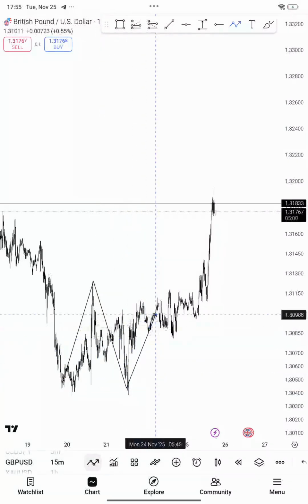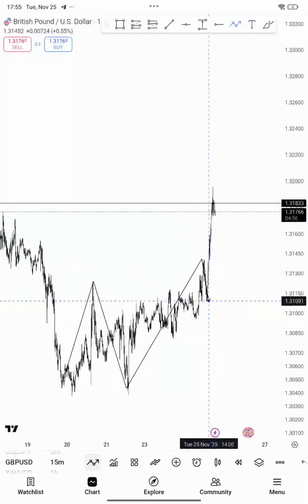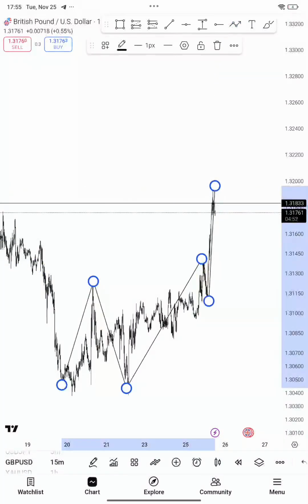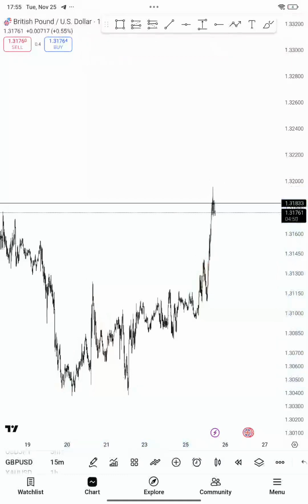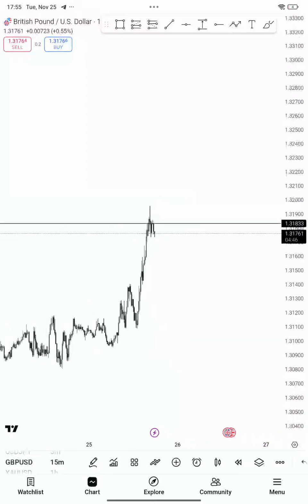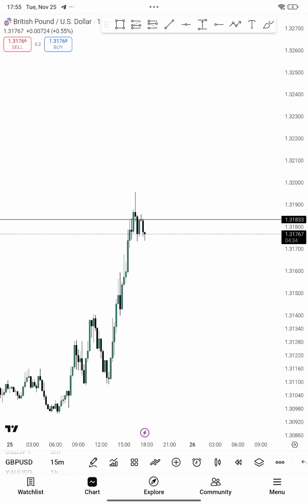Selling from here is not a good idea if you ask me, because 15 minutes is currently kind of bullish, even if the bullish is not too strong, but we know the bulls are in this market. You get it? It's clear that the bulls are in this market.